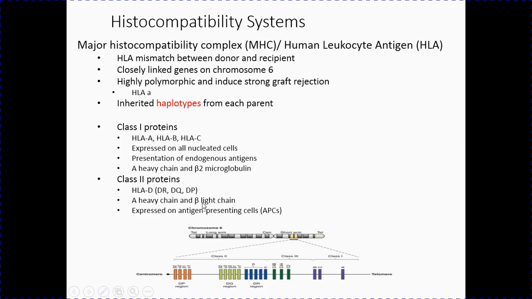And the beta light chain is very much the same concept, but instead will only process and present to the appropriate CD4 positive T cells, those naive T helper cells. The purpose of the beta light chain is to, again, identify that the processing and the presentation has to go to a CD4 positive T helper cell.